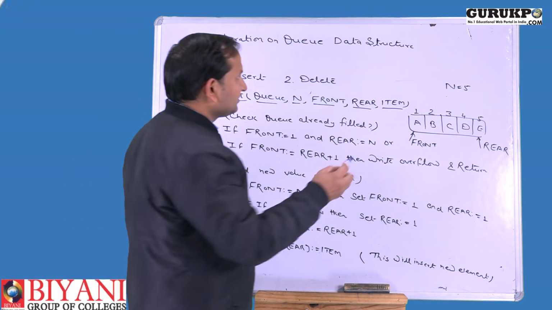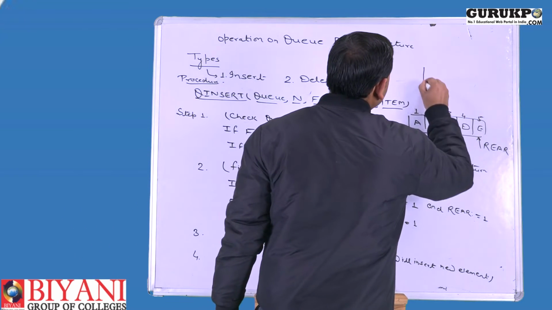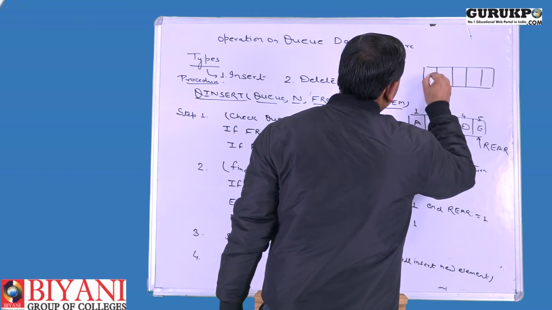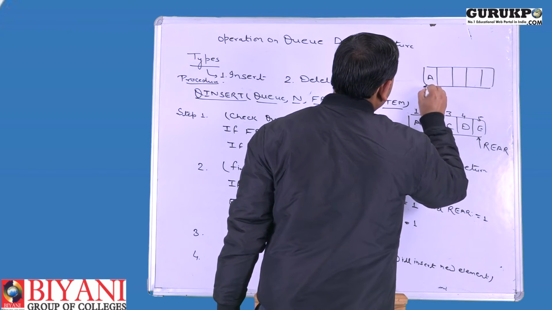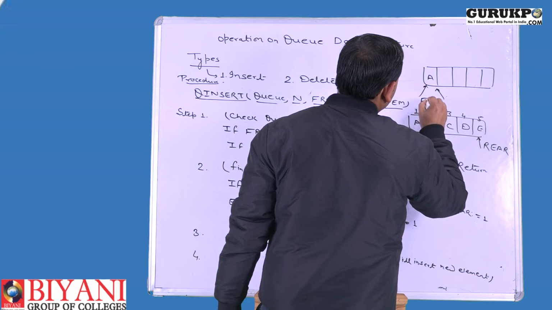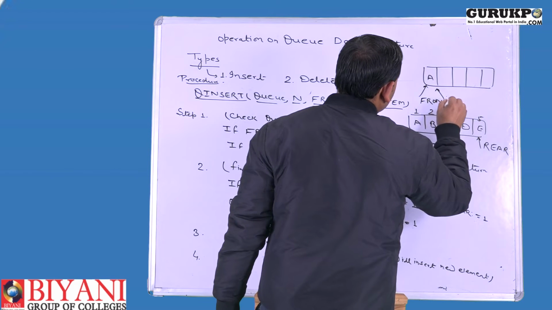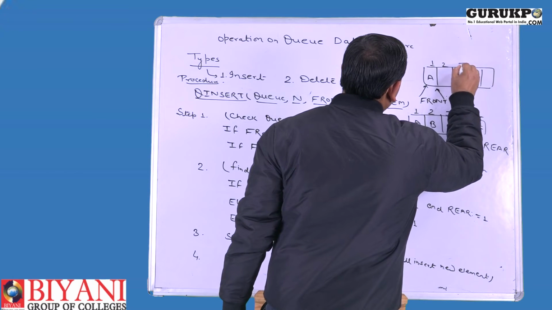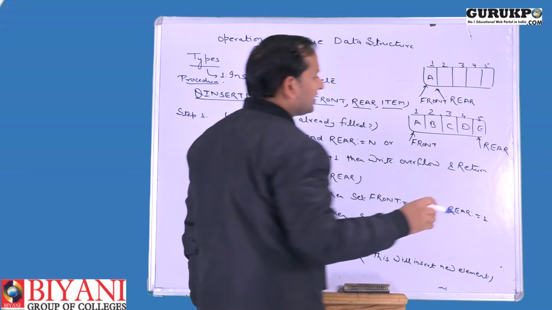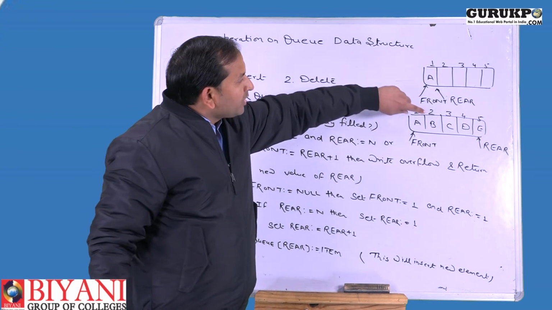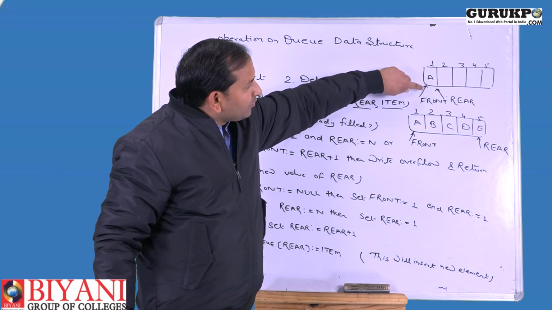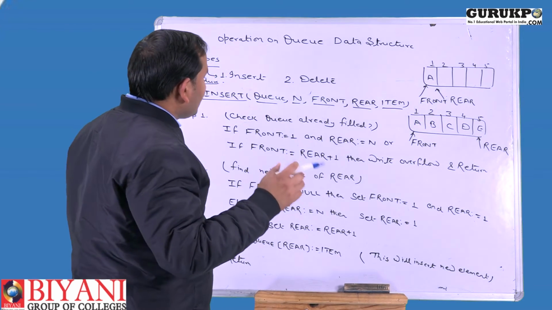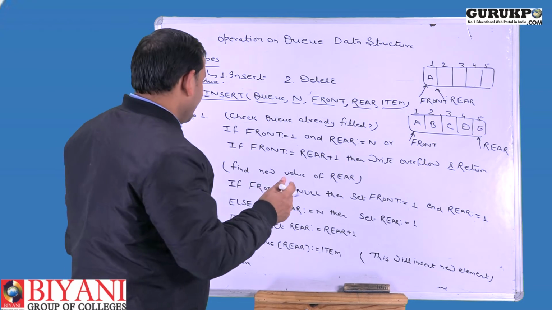In this case the pointer variables point at one position, front and rear both are equal. It happens only if there is only one element.